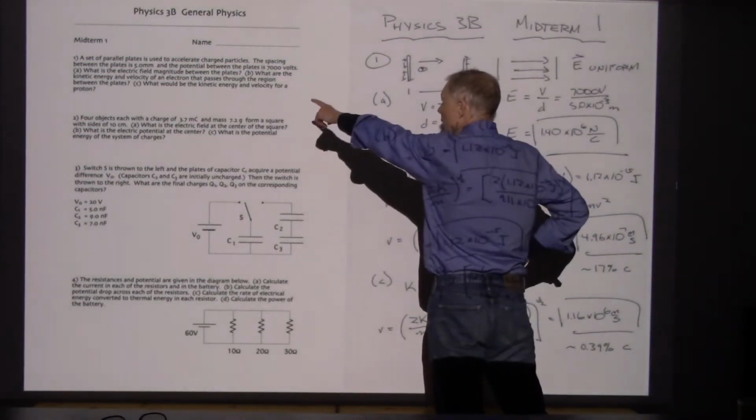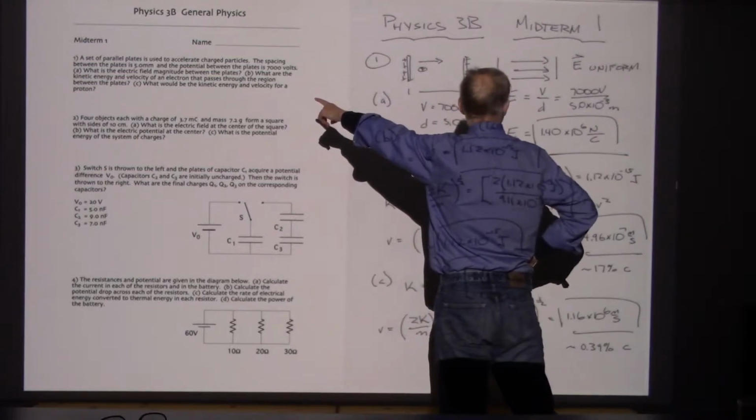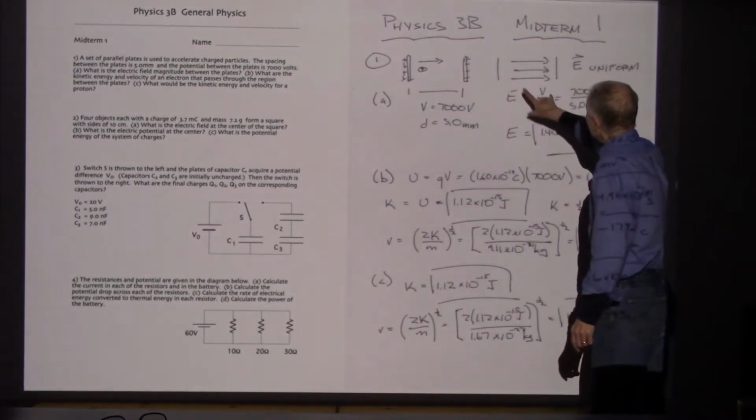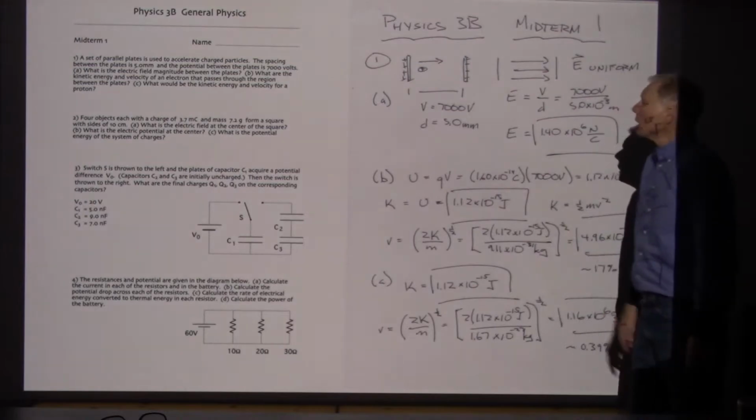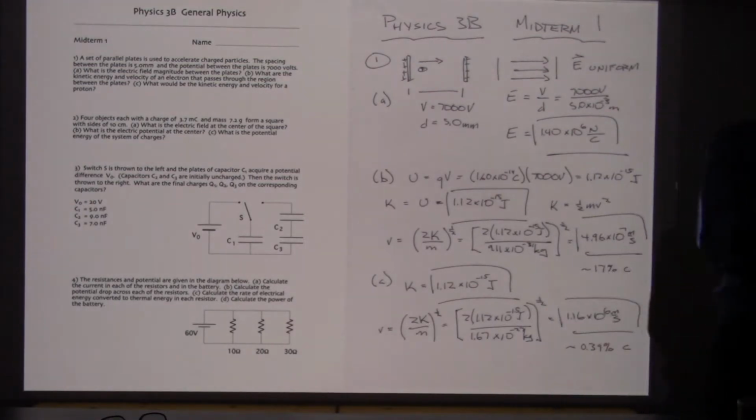Now it asks initially about what would the electric field be that we're going to end up with. And our assumption in the course so far is that if we set up these plates and put a certain potential difference between them, we're treating it as if the electric field in the region between the plates is uniform.